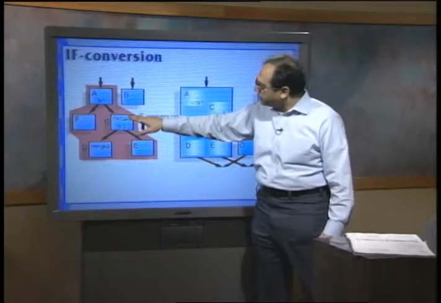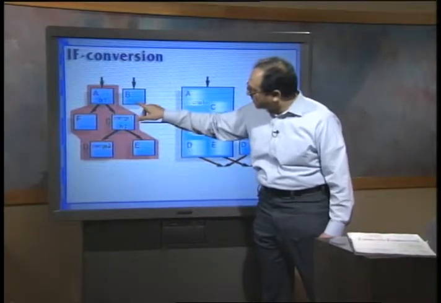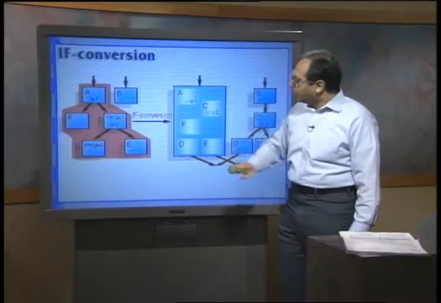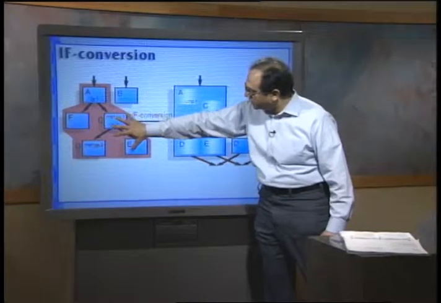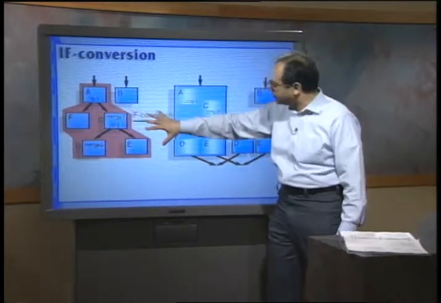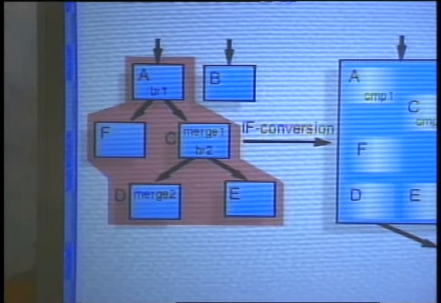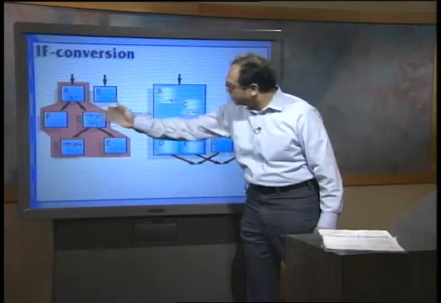We could have, if we had wished to, retained the merge that existed from the basic block B into here. Or we can just replicate all of the control flow graph that follows the merge and have one copy that's dedicated to this region and one copy that's dedicated to B. And in fact, that's what we've done over here. So in this particular case, we chose to eliminate the merge over here.